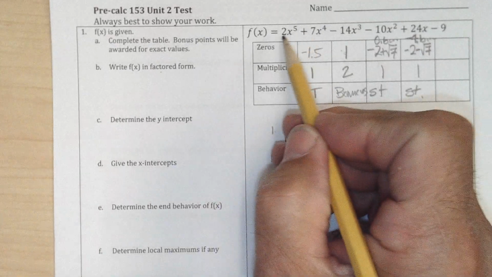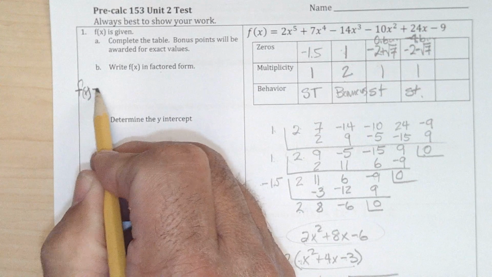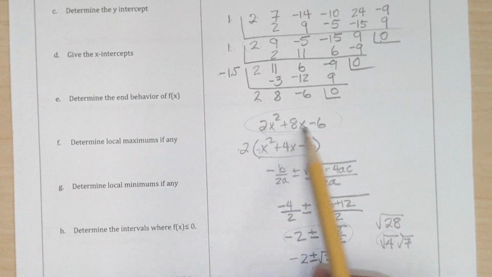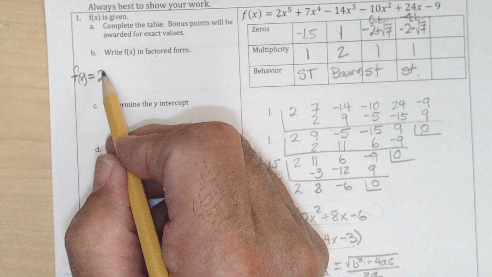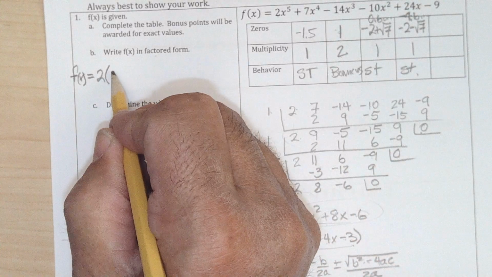Now, I see that f of x has a 2, and we've pulled out the 2 here, or we would have had a 2 in front of this, but there's a 2 if I write it in factored form with single x's, as I shall do here.